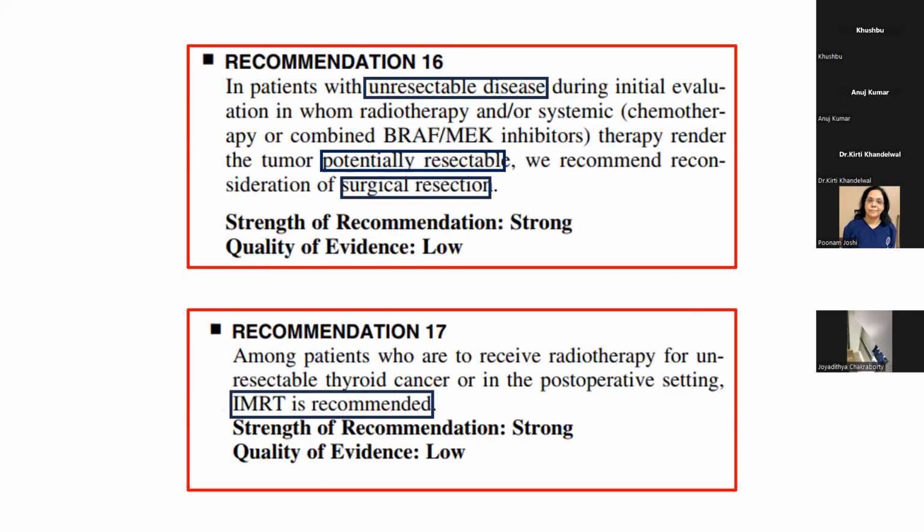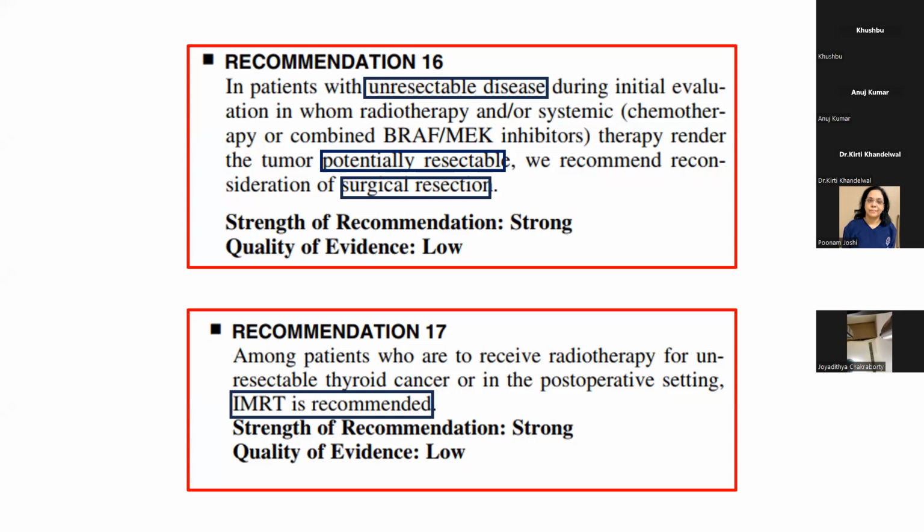Then coming to the other recommendations, again what I mentioned in the flow chart, they have told that in unresectable or potentially resectable disease, if there is a targeted mutation present, give targeted therapy and see the response. And if it is resectable, go ahead with surgery.